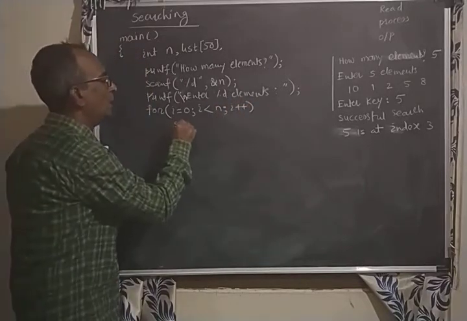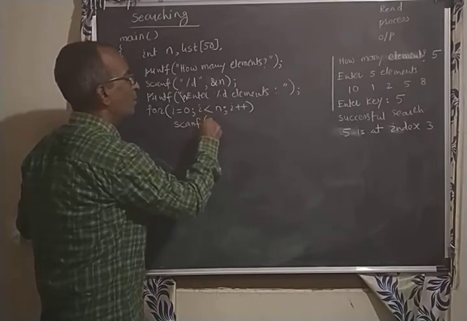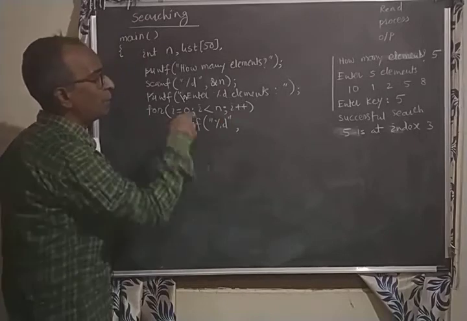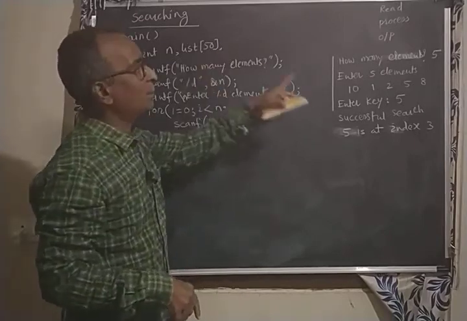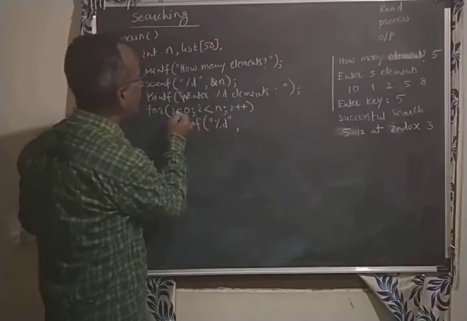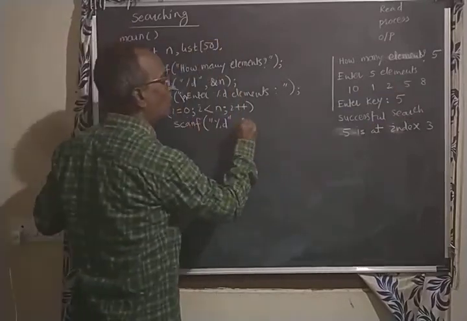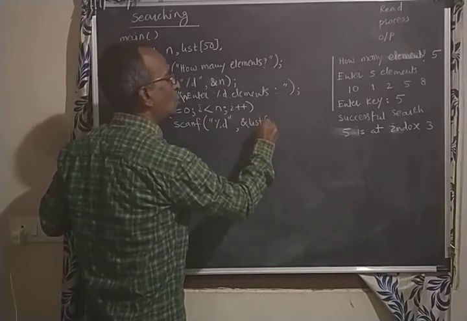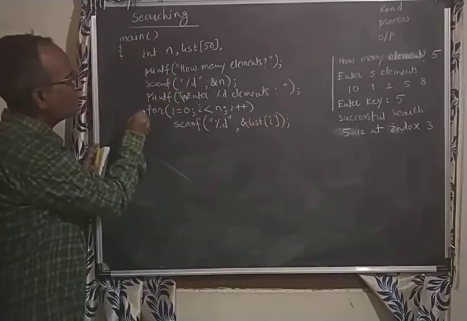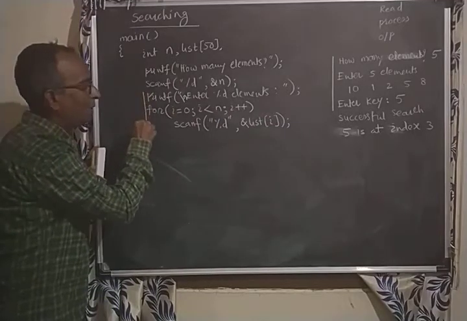So scanf integer element. Now where it should go, first element should go in list of 0, second list of 1, list of 2, like that, list of I. So ampersand list of I. So this will complete array reading.